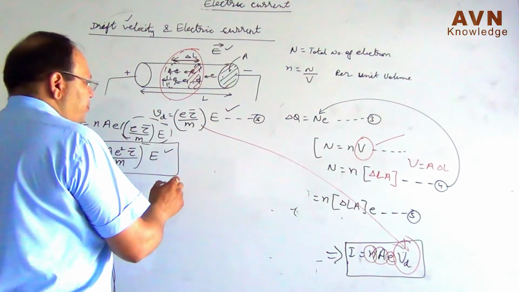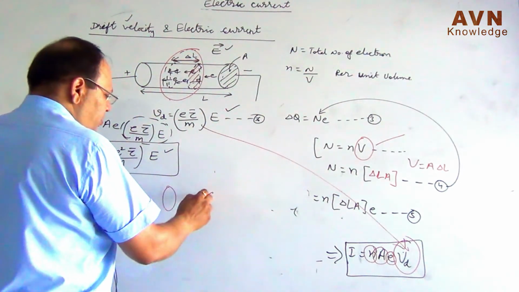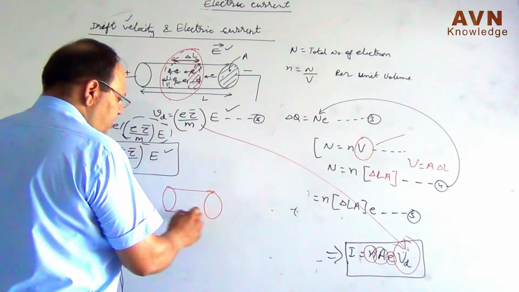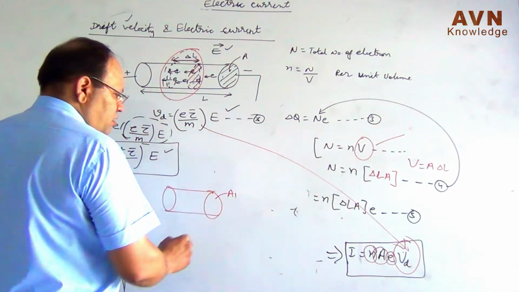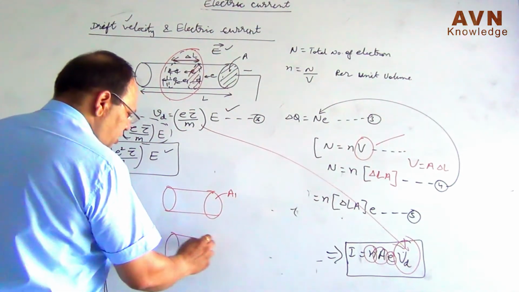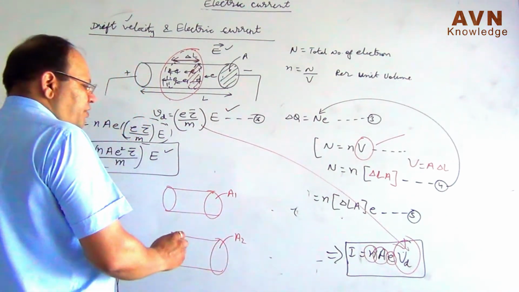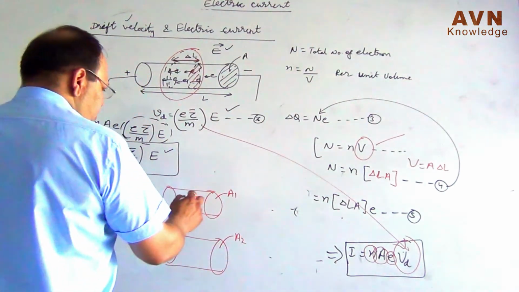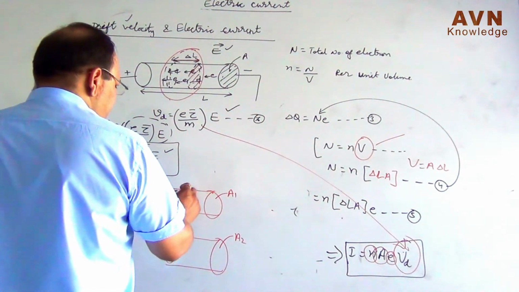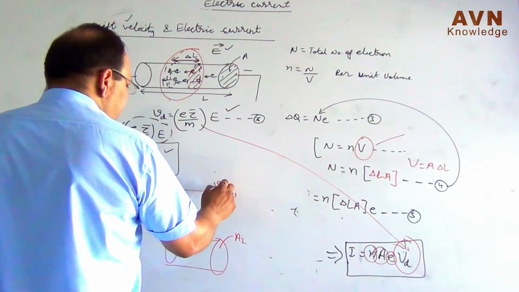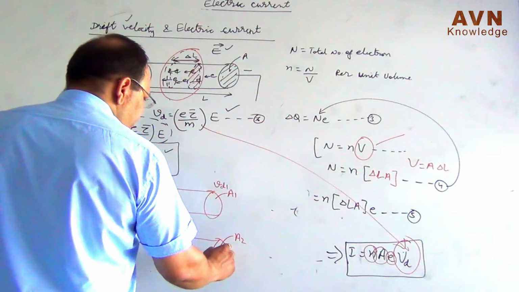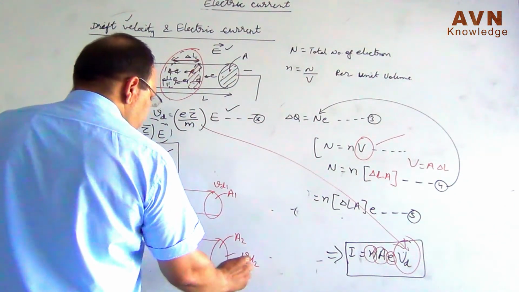So if you take different cross section areas, that is A1, and I took another cross section area, that is A2, and what is the current here? Here the drift velocity is Vd1 and here drift velocity is Vd2.